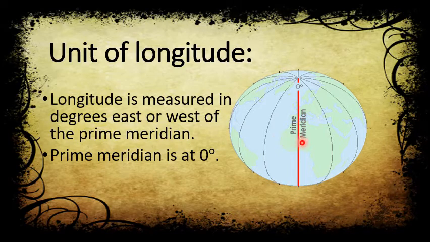And if we measure it, the measurement would give the answer 0 degree. So we can say that the prime meridian is at 0 degree. Otherwise, we can measure other meridians and we can get different answers. But the prime meridian is at 0 degree and the lines of longitude are measured in degrees.